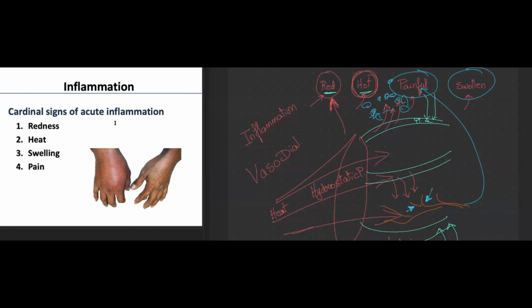As I increase the hydrostatic pressure, the fluid is going to be leaking out of those capillaries, accumulating between my cells, causing edema, causing swelling of the tissue, and it's going to be painful simply due to the compression effect of the swelling on my nerve endings.